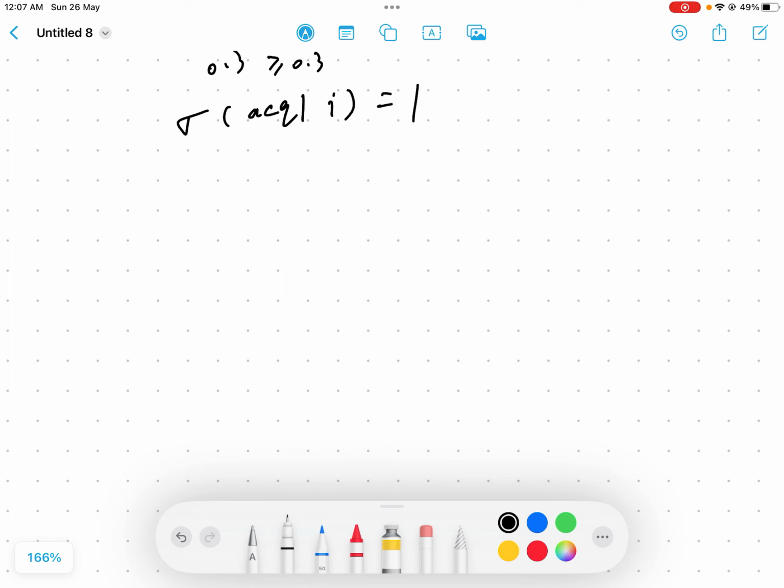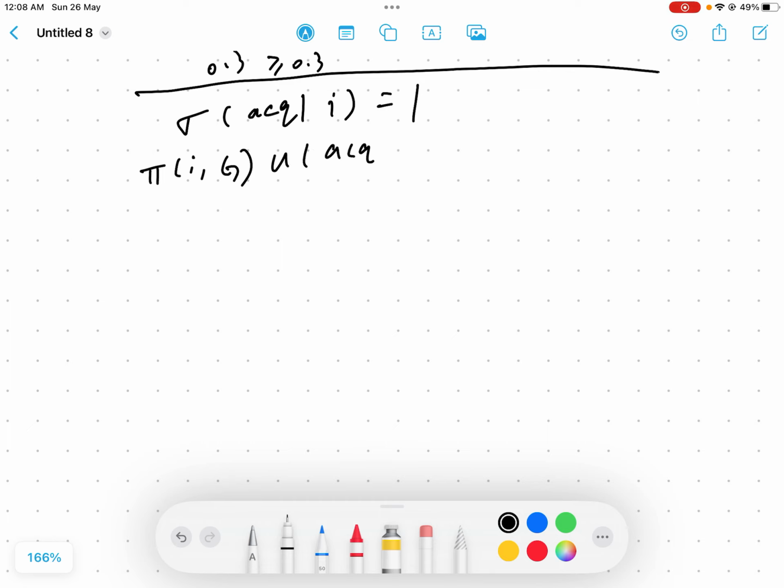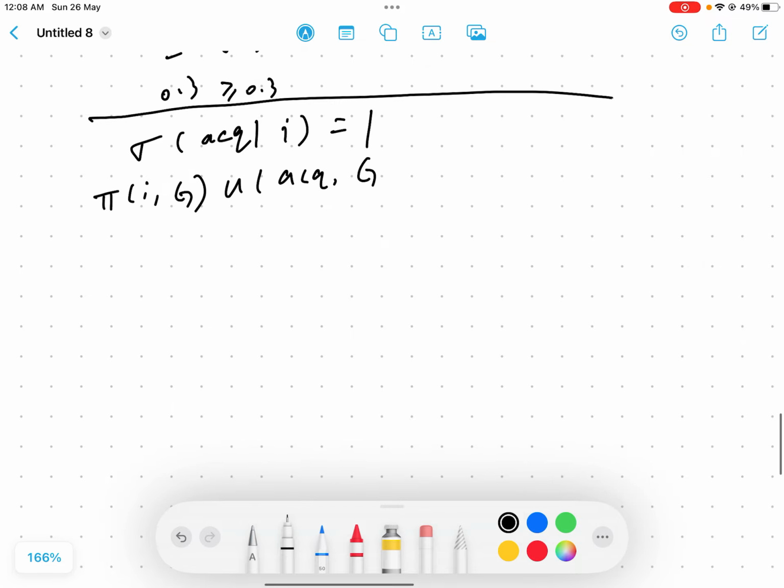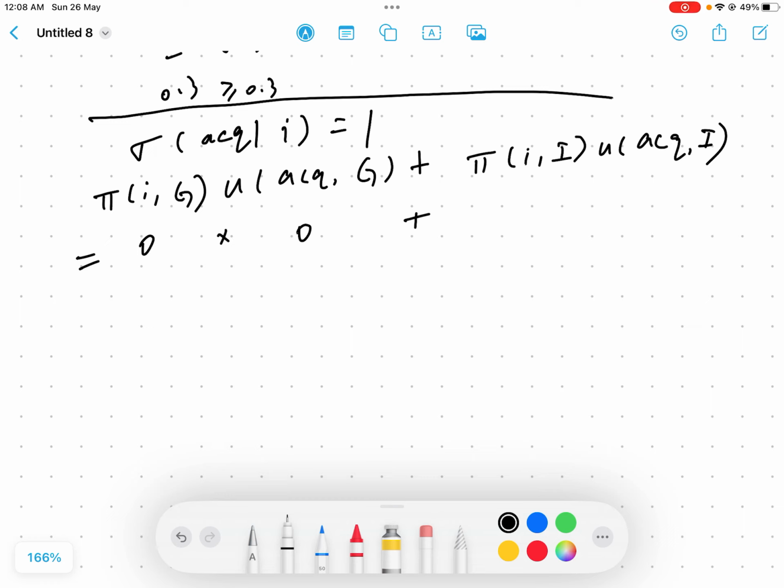So for this one, pi IG times u of acquit given G, plus pi II times u of acquit given I. So this is 0 times 0 plus 0.4 times 1.